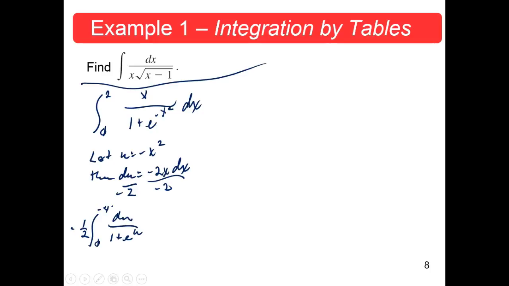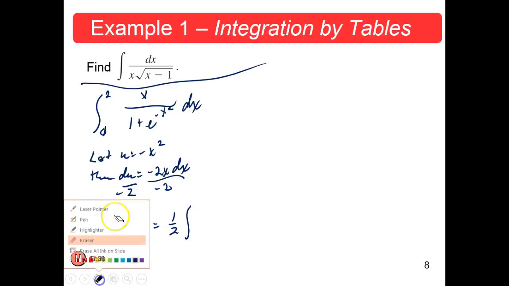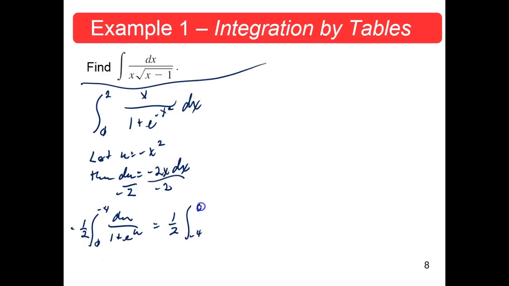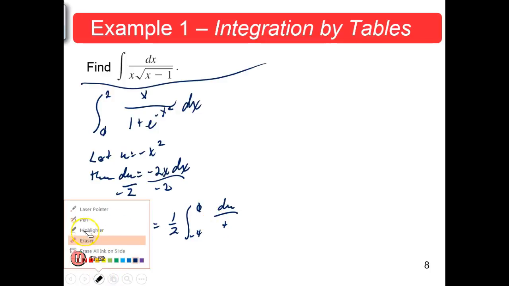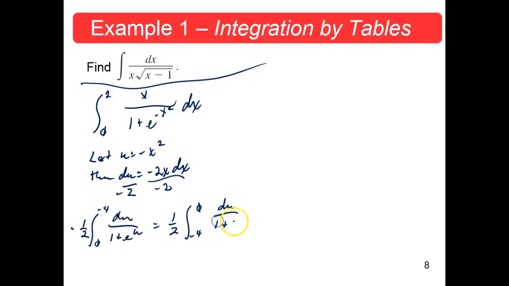I really don't like to have the minus here, so what I'm going to do is reverse those and make it a 1/2, the integral from -4 to 0 of du over 1 plus e to the u du. Okay?